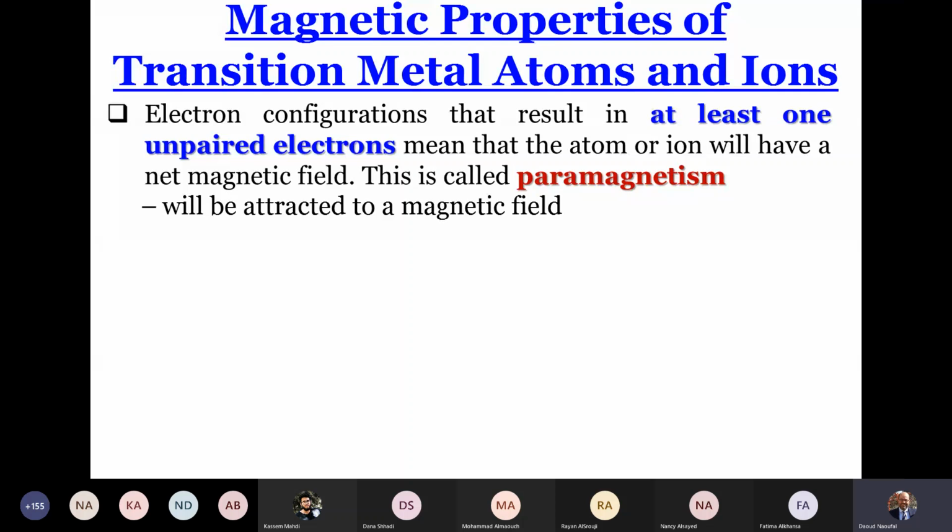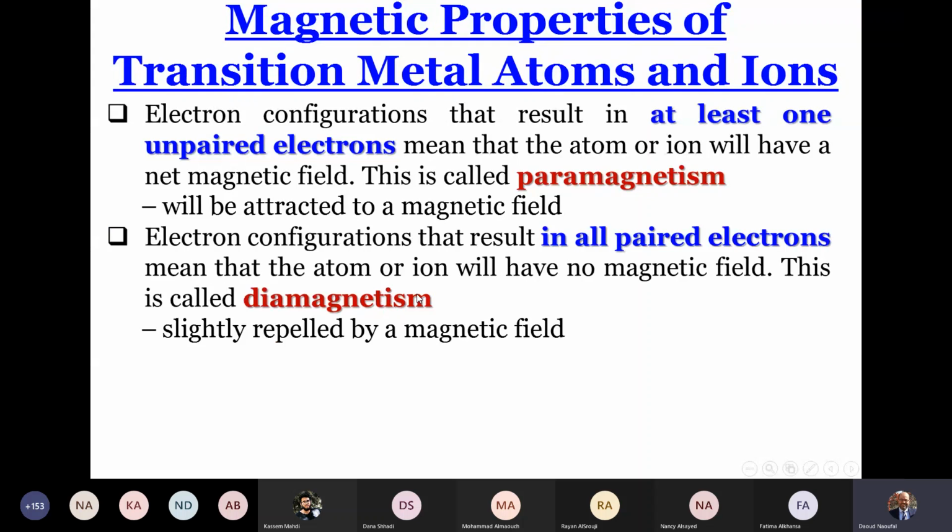Suppose I have atom X and they ask what is the magnetic property of X. First of all, I write the electronic configuration. If the electronic configuration contains at least one single electron, this atom is paramagnetic, and that means it will be attracted to a magnetic field.